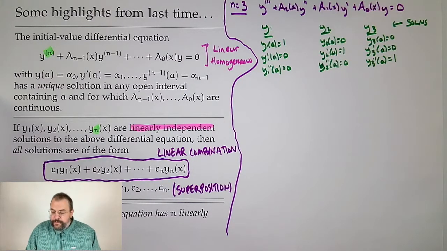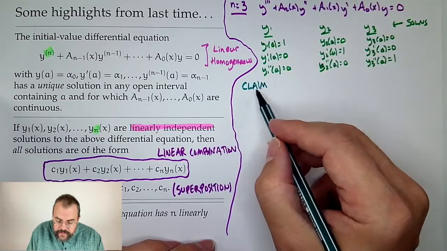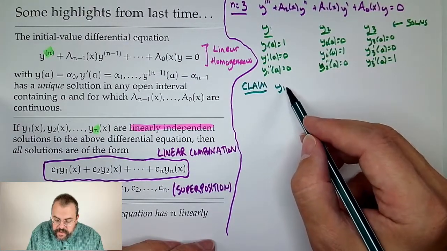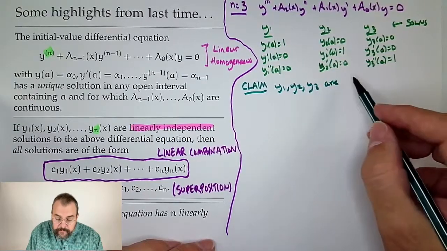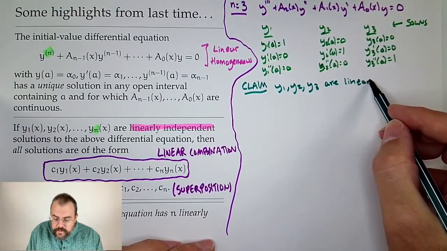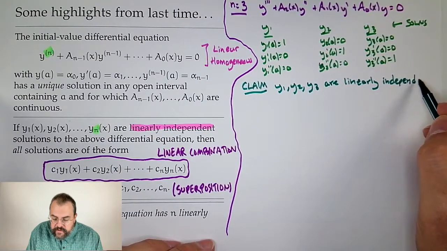If we can prove that, then we're done. So how do we prove that? Well, we have to recall, what does it mean to have 3 functions be linearly independent? It means we look at combinations of them and ask how we get 0 out.